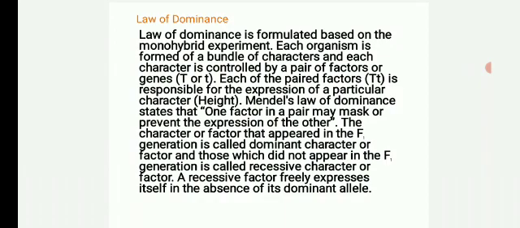Each of the paired factors is responsible for the expression of a particular character. That is, capital T is responsible for the expression of tallness of the plant, and small t is responsible for the dwarfness of the plant.